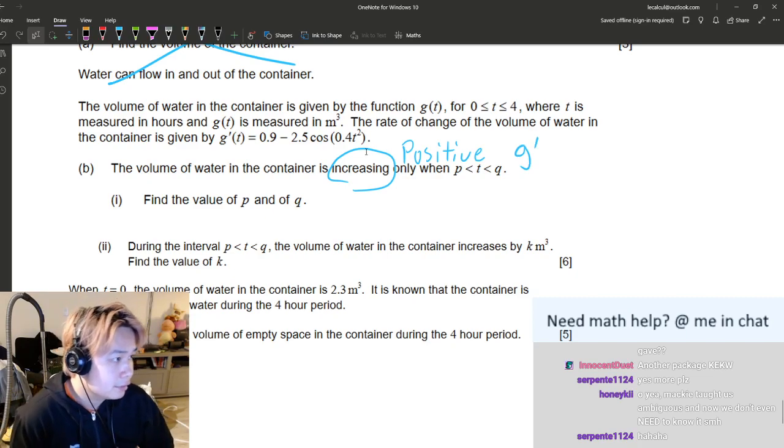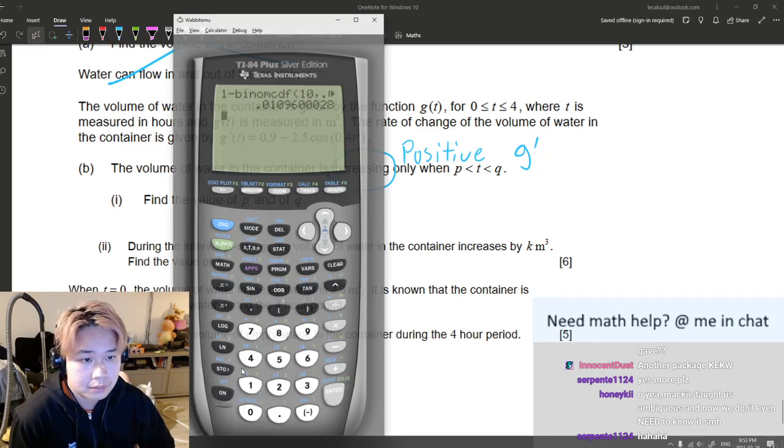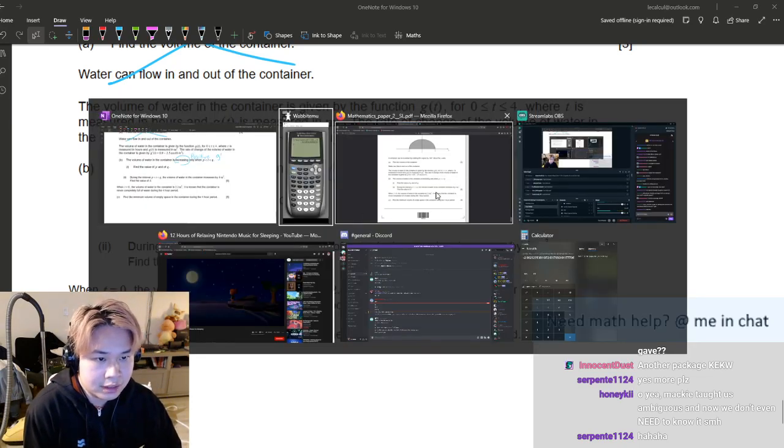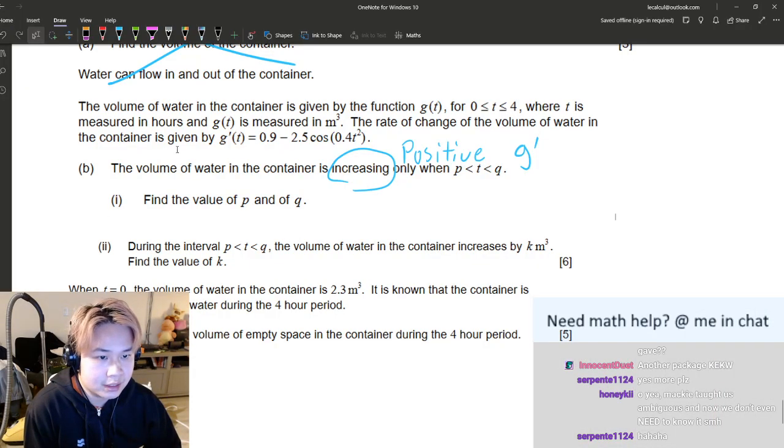Positive derivative. So we can just graph this and then look at where it's positive. And I don't know why I keep going to the graphing calculator when I have Desmos, which is way faster.